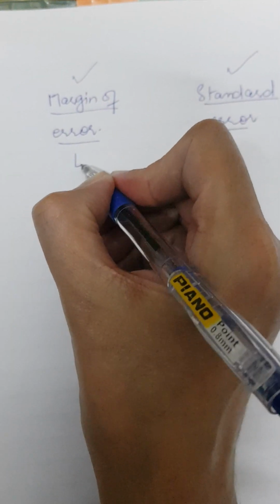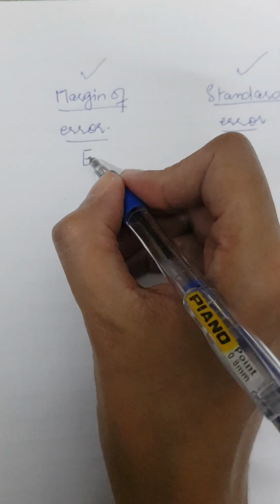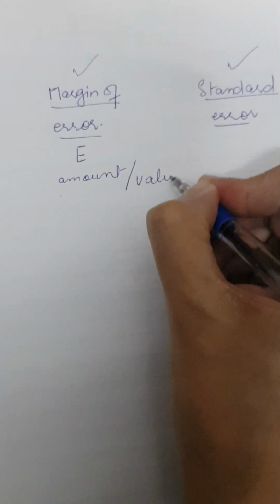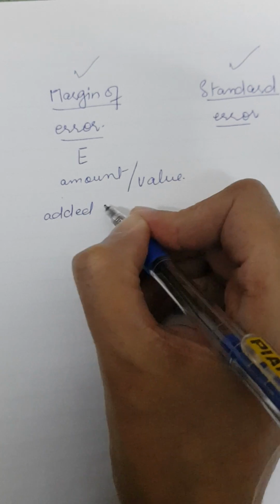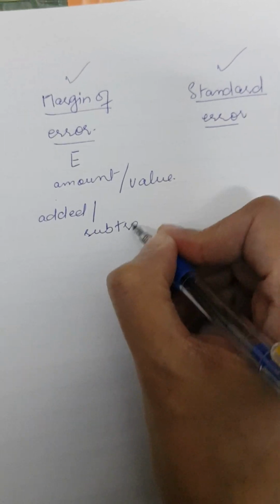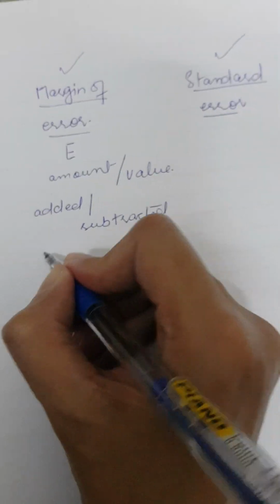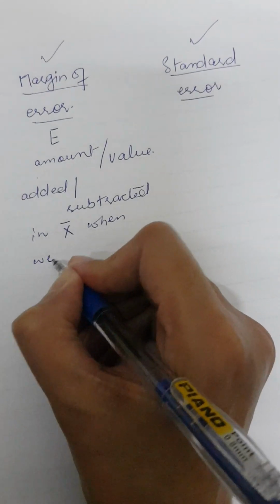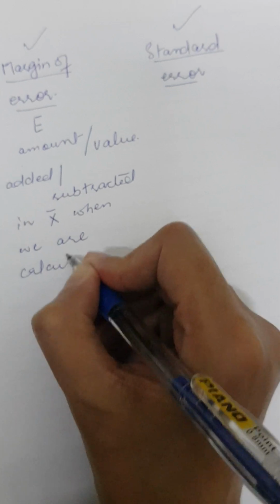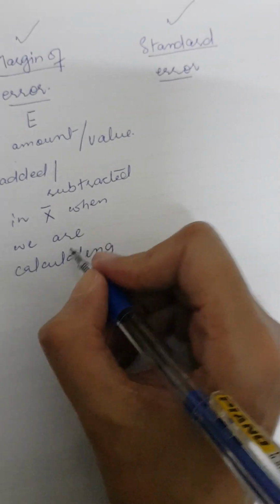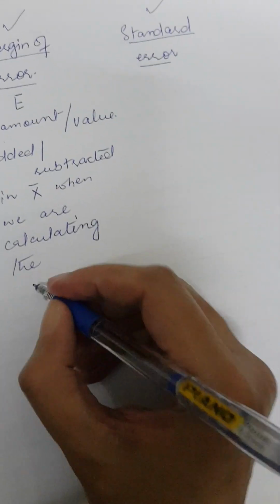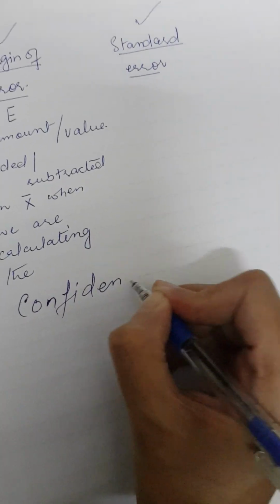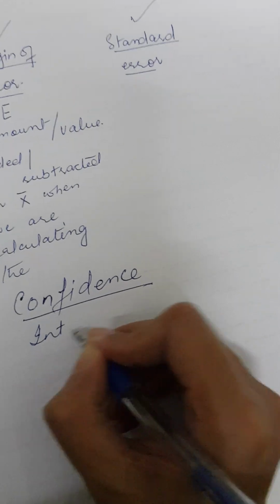The margin of error E is the amount or the value that is added or subtracted to the x bar, that is the sample mean, when we are calculating the confidence interval.